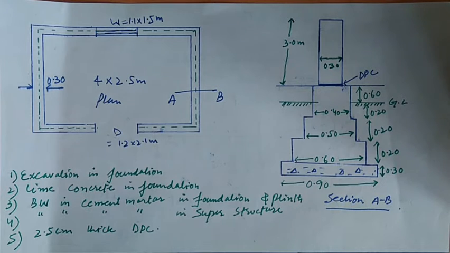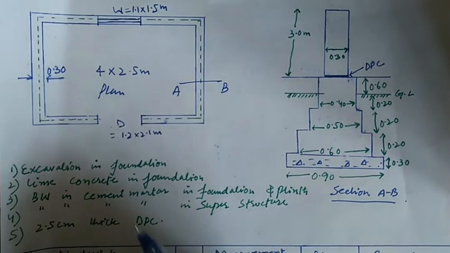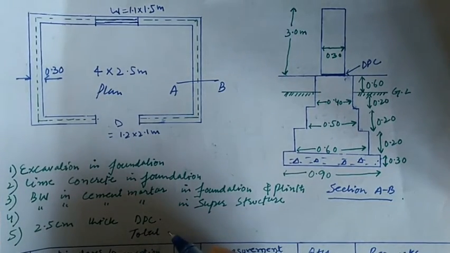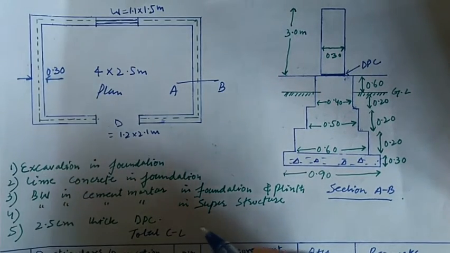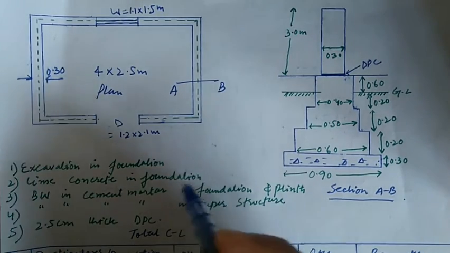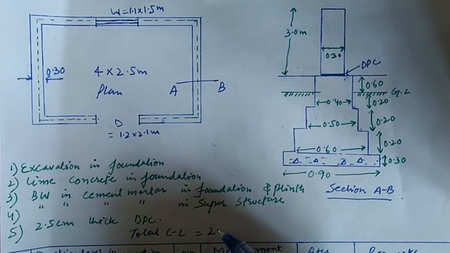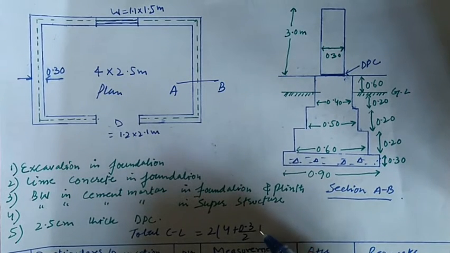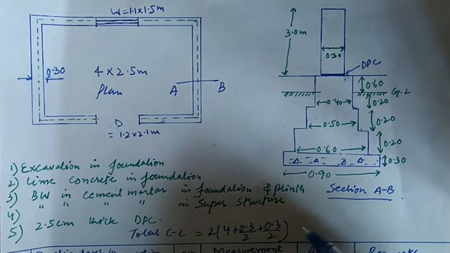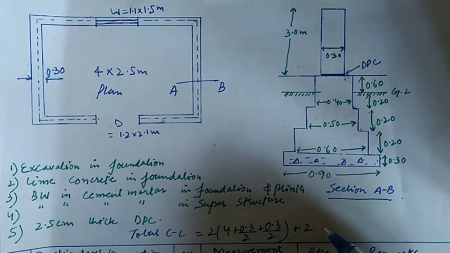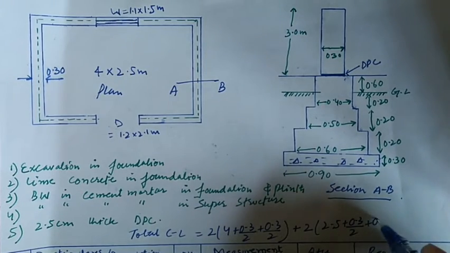We have a single room, the dimensions are the same as those of the previous one. So in this method, first of all we will try to find out the total center length. So total center length is equal to, first of all, we have the two long walls: twice (4 plus half of the breadth plus half of the breadth), then we have two short walls: twice (2.5 plus 0.3 by 2 plus 0.3 by 2).